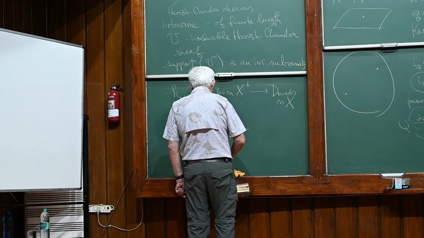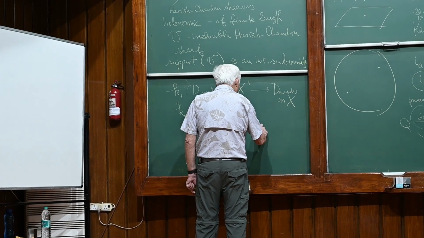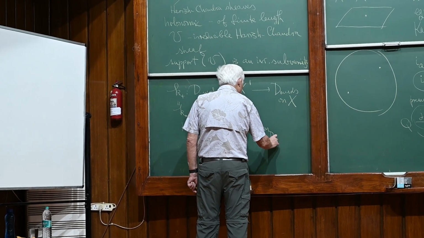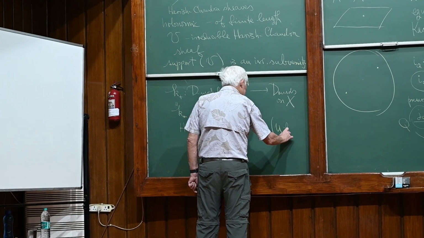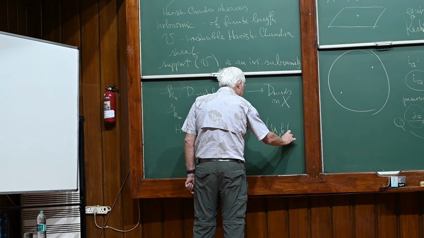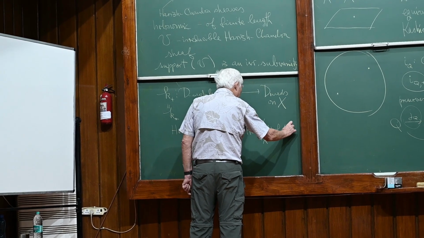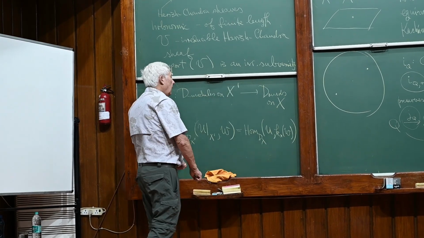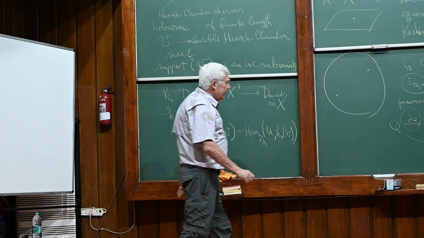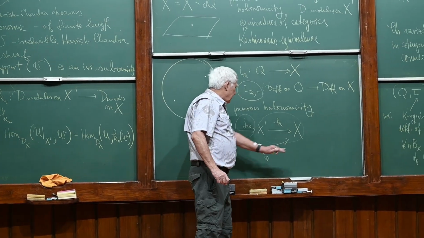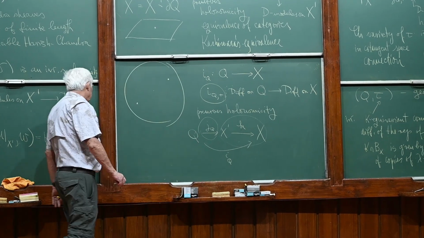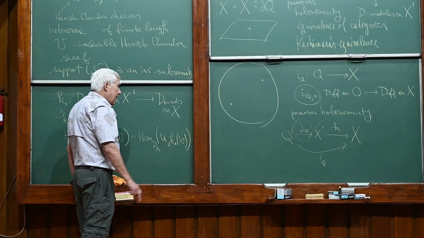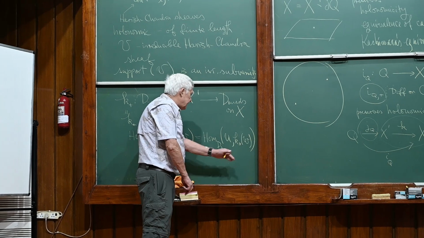This is the same as Hom on D of X of u into the direct image. So here in this step, this guy maps irreducibles to irreducibles, but when we apply k plus, which is just the sheaf direct image.